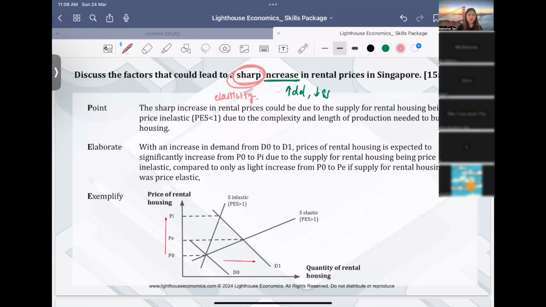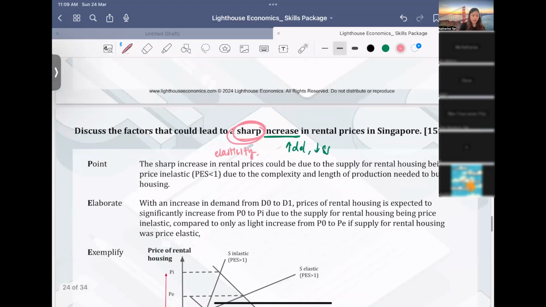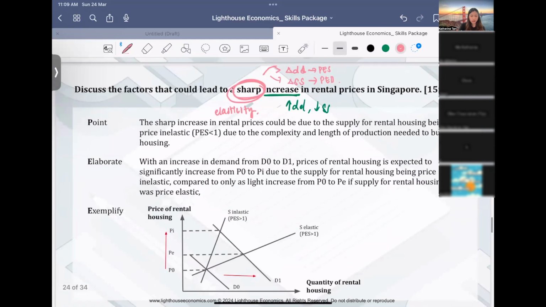Take note, this part could be confusing if your concepts are not strong yet. When there's a change in demand, the elasticity concept that you bring in is PES. It's not PED. If there's a change in supply, the concept you must bring in is PED. Why?